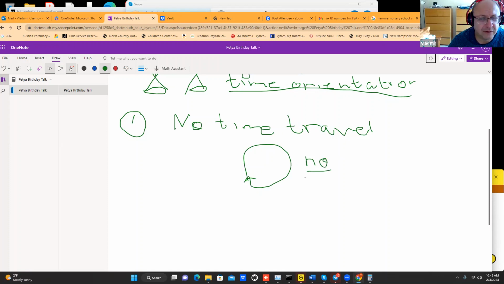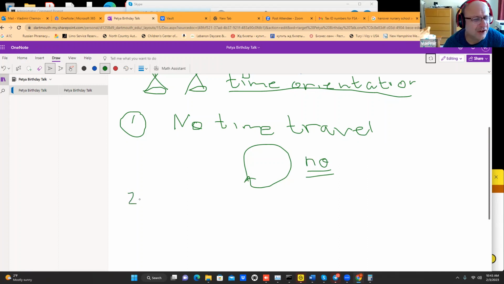Non-space-like curves means its tangent vectors are not space-like. So they represent movement with a speed less than or equal to the speed of light. So I would like to prohibit time travel, which means that I prohibit closed non-space-like loops.